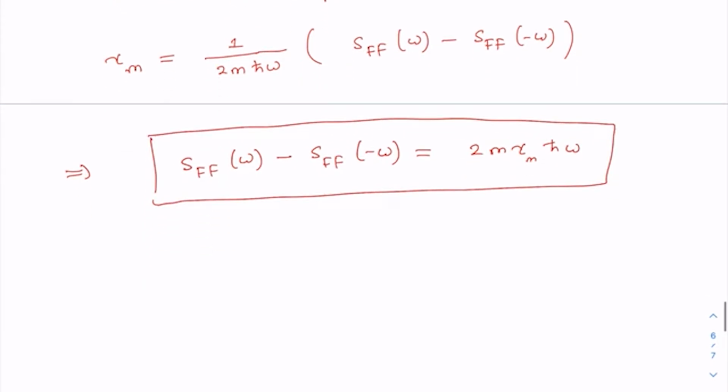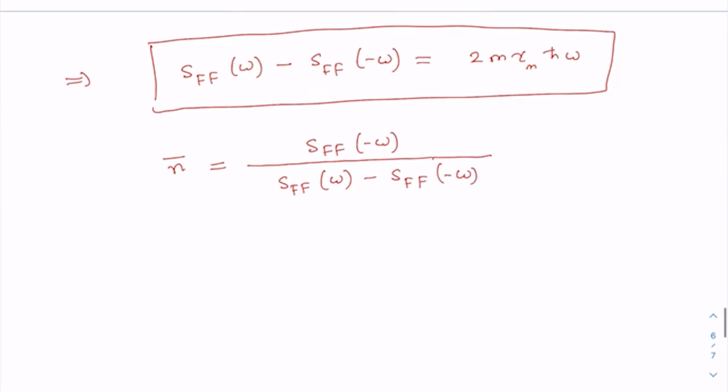Also from the previous problem we have worked out the average number of quanta in the harmonic oscillator in terms of the spectral noise density, that is n bar equals S_FF at minus omega divided by S_FF at omega minus S_FF at minus omega.